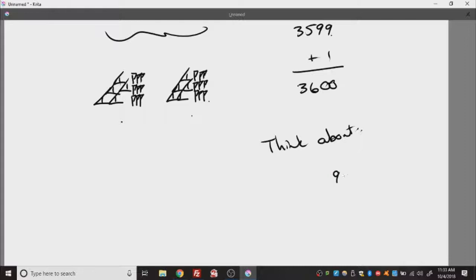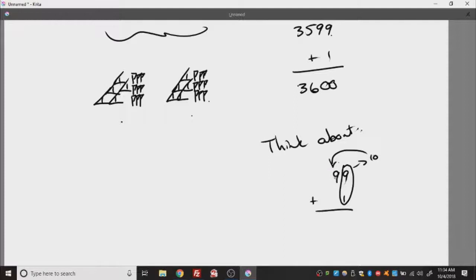If I have 99 and I add 1, 9 is the largest digit, so that place is full. What happens when I add? These together make 10, which then goes to the tens column. But the tens are also full.